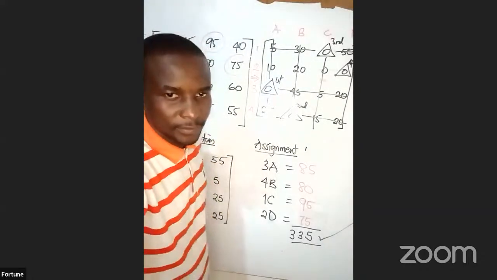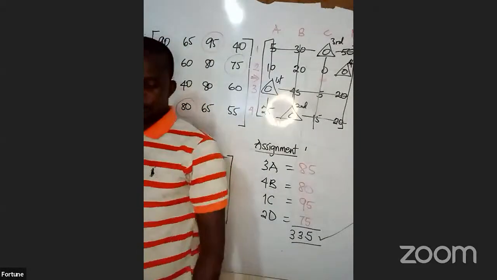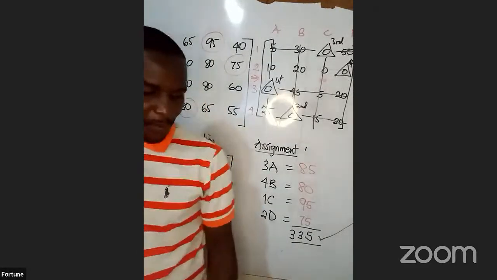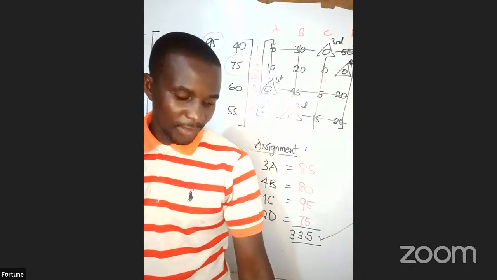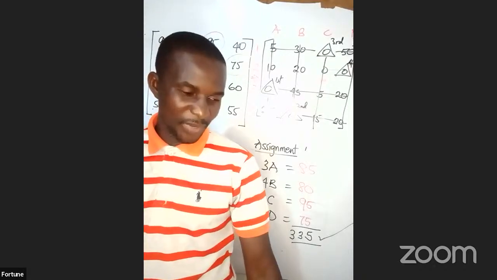Okay. So this is 3, 3, 5. And that's it. Remember, you're not told which method to use. But had we used penalty, we'll still get the same answer, right?